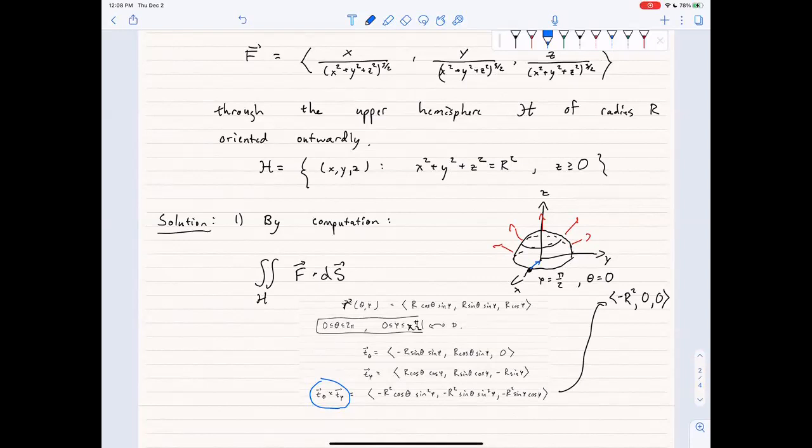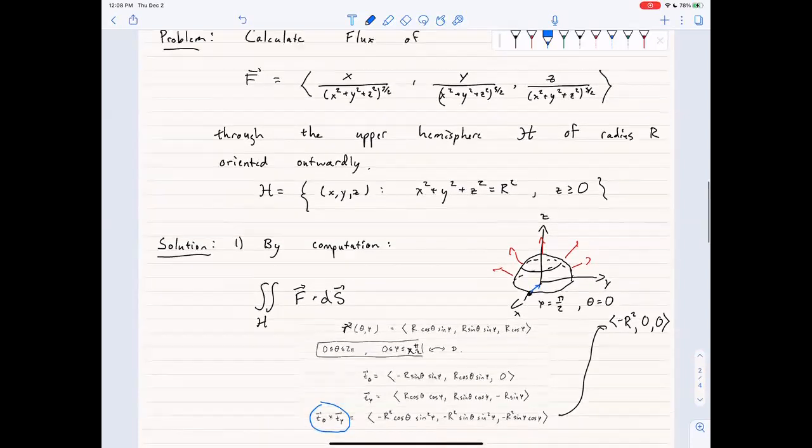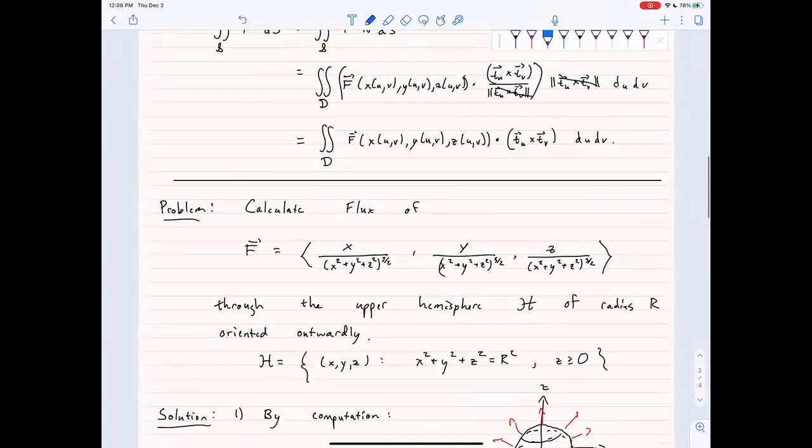No. It's not, I mean, it's okay. Life's all right. It's just not oriented compatibly. This parametrization is orienting things opposite to the outward orientation. It's an inward orientation. That's something I need to note. It doesn't present a big problem.